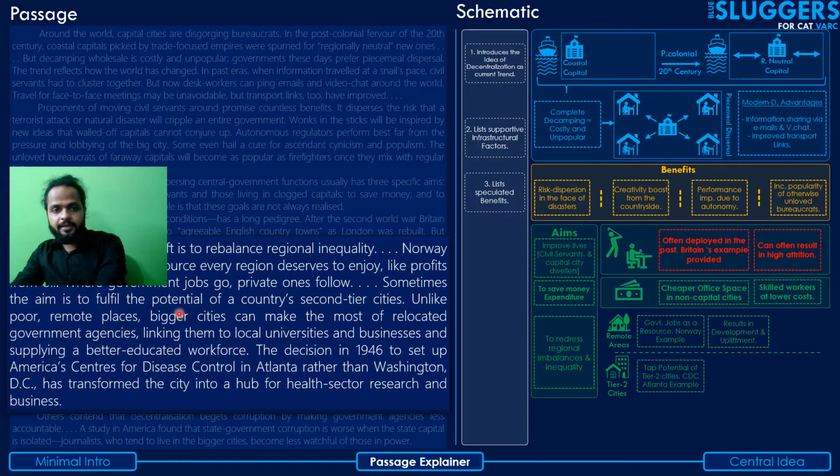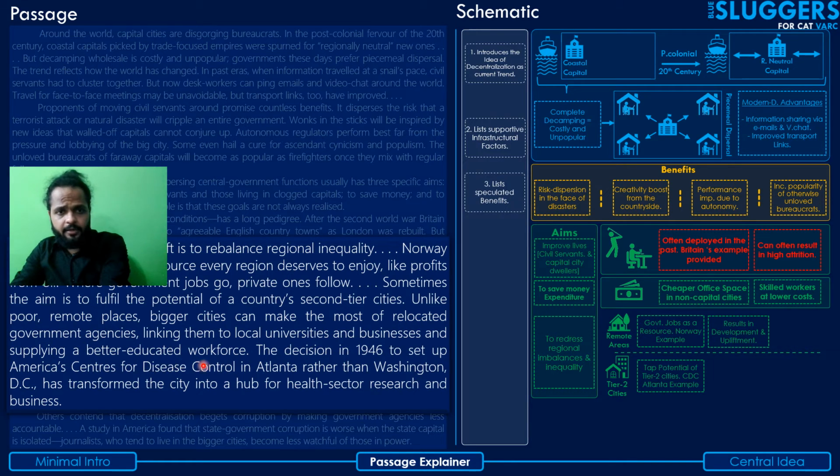So these are the advantages that the tier 2 cities have over remote cities when it comes to moving bureaucracies or these jobs out of capital cities. So even out of capital cities, there are two options. The first is remote areas, the second is tier 2 cities. So tier 2 cities offer these advantages over remote cities, as the author has mentioned here.